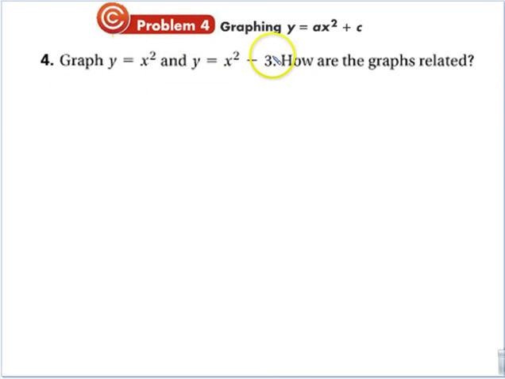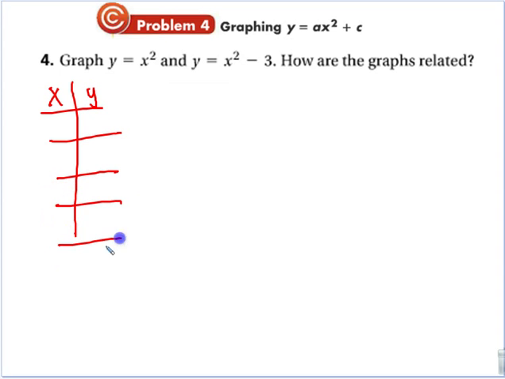Then they ask us to graph these two things and see how they're related. So let's go ahead and graph. I put in 0, 1, 2, negative 1, negative 2. I know that that's going to be 0. This one's 1, this one's 4, this one's 1, this one's 4.